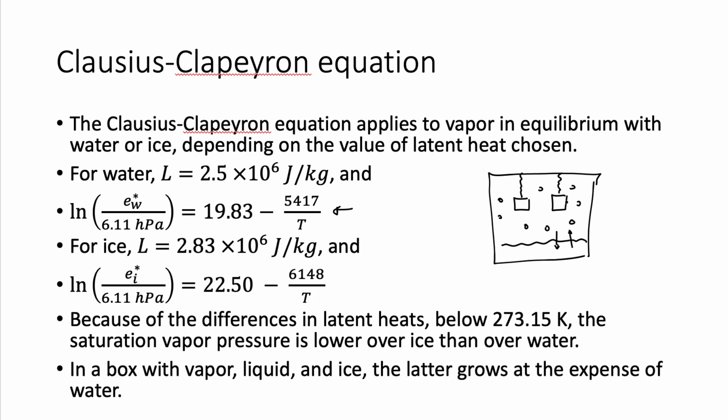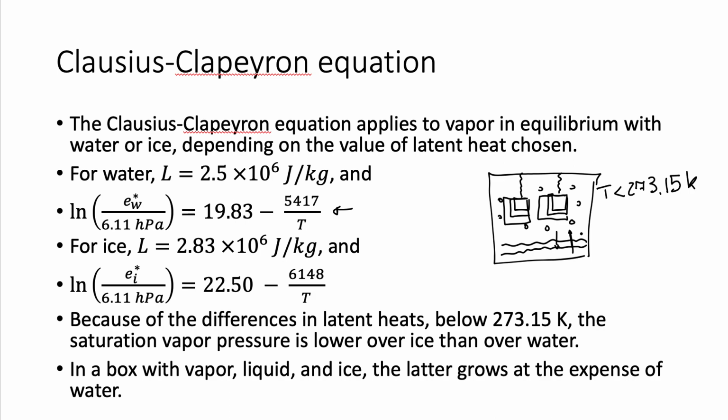But you also have that for T lower than 273.15 Kelvin, these ice crystals are going to grow, essentially at the expense of liquid water. You're always going to have fluxes of molecules outside, but these are going to keep growing because you're supersaturated with respect to ice before you're supersaturated with respect to water.